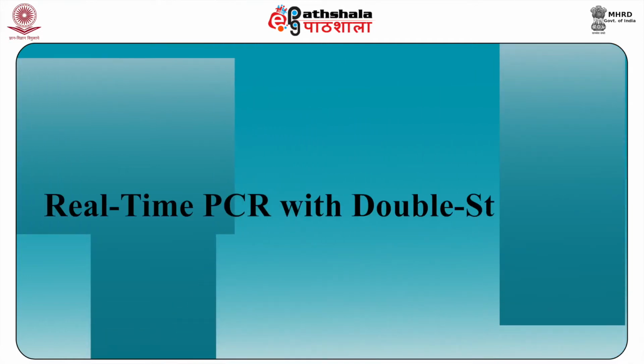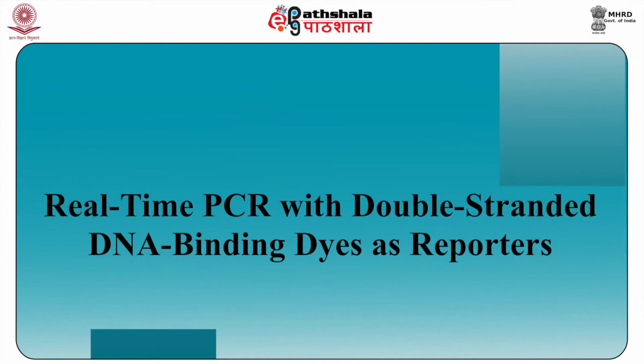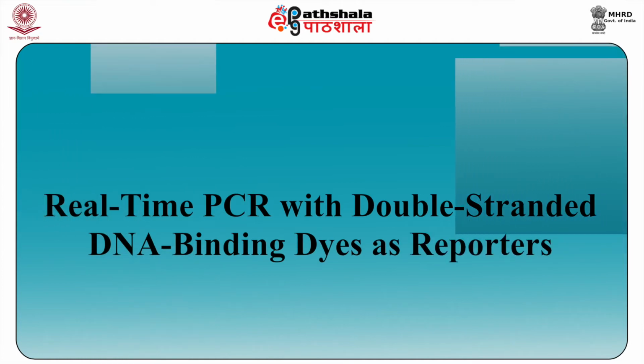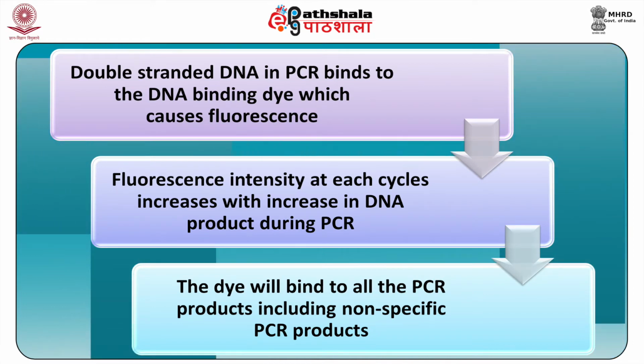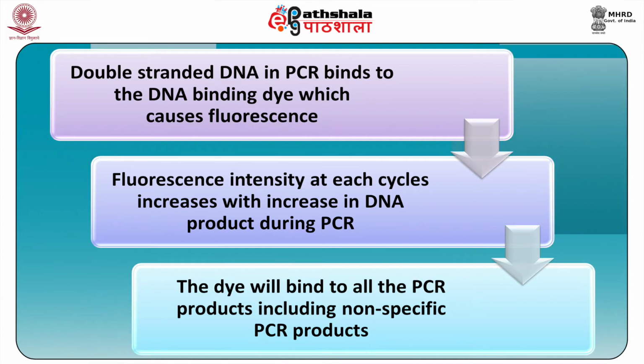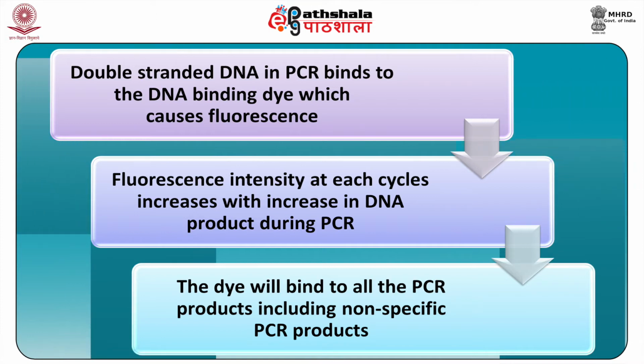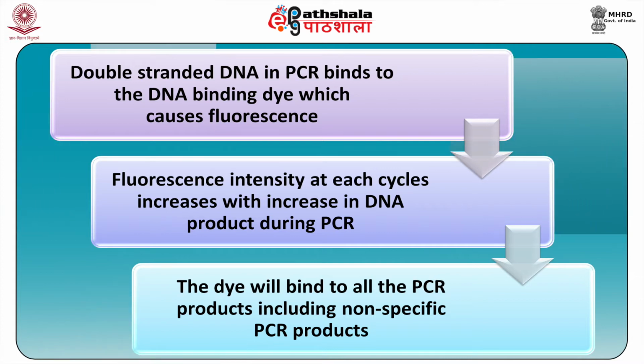Real-time PCR with double-stranded DNA binding dyes as the reporters. The double-stranded DNA in PCR binds to the DNA binding dye, which causes fluorescence. Fluorescence intensity at each cycle increases with the increase in DNA product during PCR. The dye will bind to all the PCR products, including non-specific PCR products.